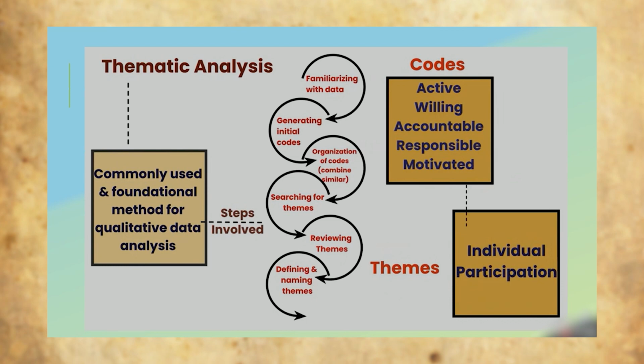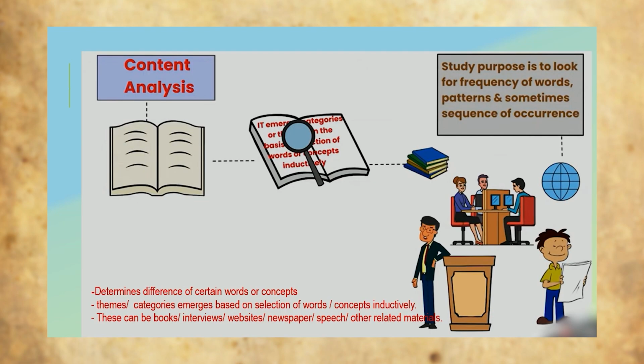Then we search for the themes, we review the themes and come to a conclusion, and then we define and name the theme. For example, we have codes like active, willing, accountable, responsible, motivated, and we can emerge the theme as individual participation. The next is the content analysis, where the study purpose is to look for the frequency of words, patterns, and sometimes the sequence of occurrence.